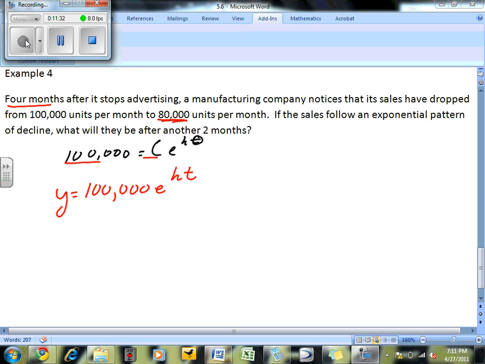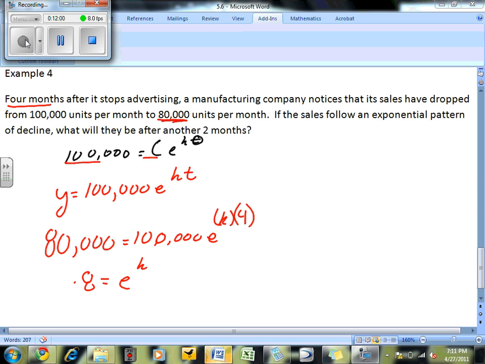Okay, well, they give us another condition. It says after 4 months. So when t equals 4 months, our sales drop to 80,000 units per month, so e to the k times 4. Well, let's solve for k then. Again, we divide by 100,000, so I think we have 0.8 equals e to the k times 4.